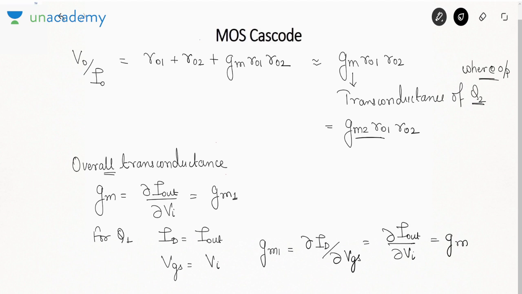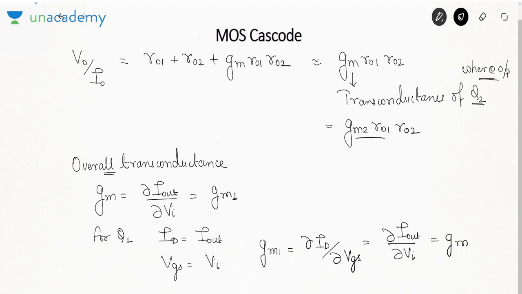That is, the overall transconductance is same as the transconductance of the first transistor connected to the supply. So remember, when we are finding the output resistance, we are using transconductance of the second transistor which is connected to load, and when we are finding transconductance, then we are using transconductance of the transistor near the source.